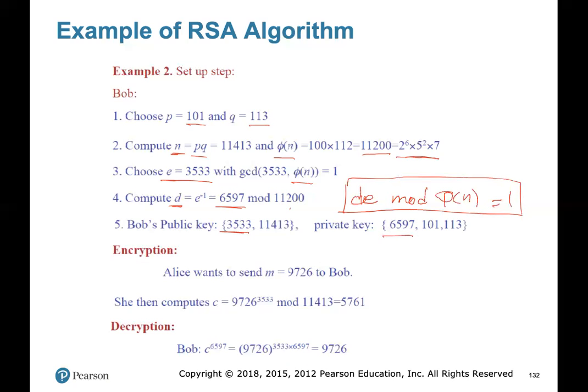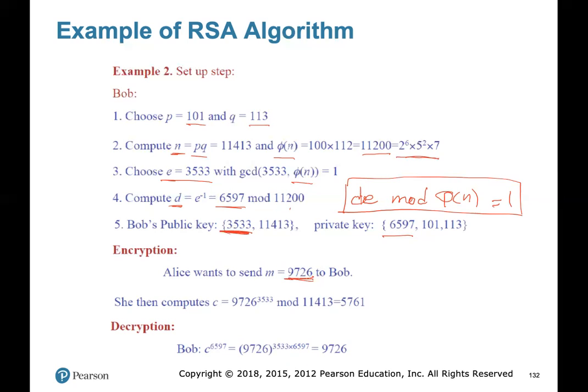And here Bob and Alice are swapped. Bob is the recipient. So this is a public key of Bob, and once Alice wants to send something to Bob, it uses Bob's public key. So the message we have, for example, let's say this is the message.